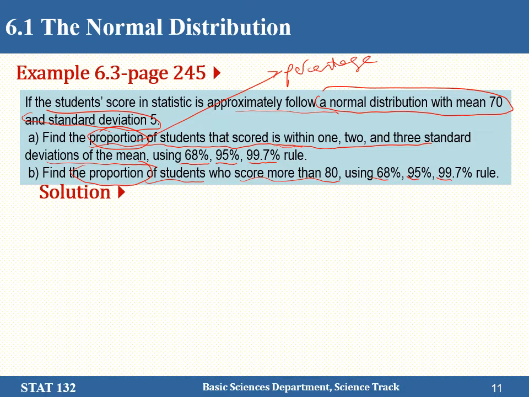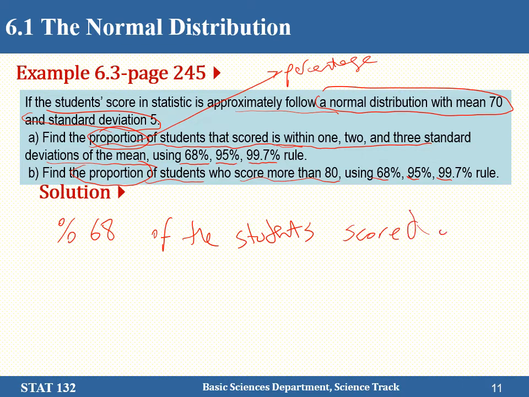Now, the first part says directly use the rule. Okay, first let's write the 68 rule. So what does this mean? 68% of the students, or the test scores, are between mu minus sigma and mu plus sigma.